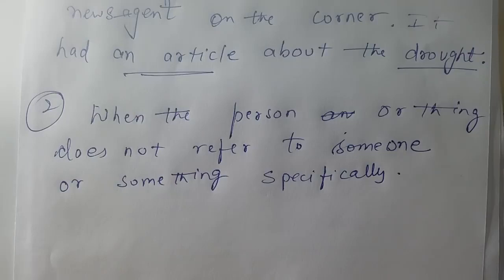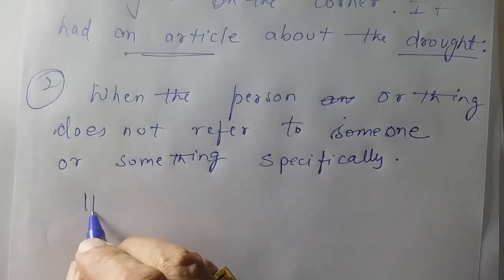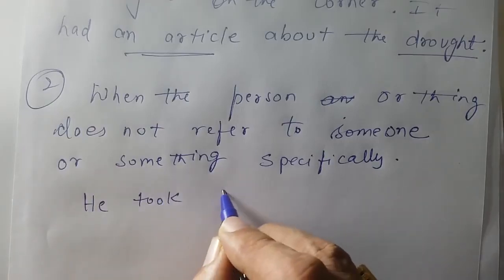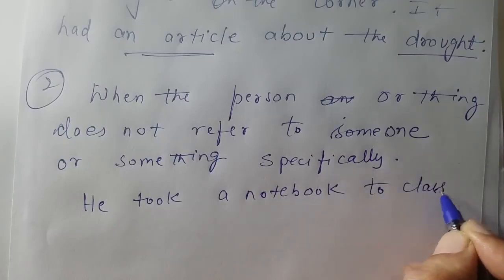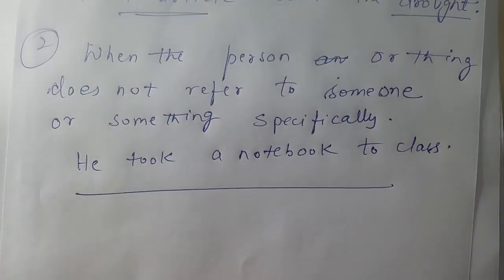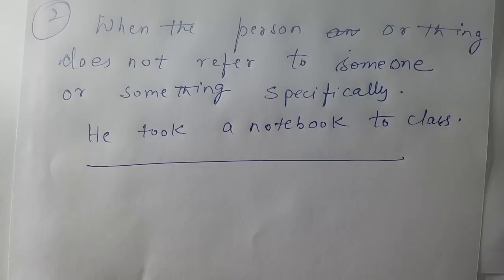When it is not referred to someone specific. He took a notebook to class. Which notebook? Nobody knows. Got my point? He took a science notebook. No, it's wrong. He took a notebook to class. So which notebook? Nobody knows. That's the thing here. So try to find the thing, what he is saying.